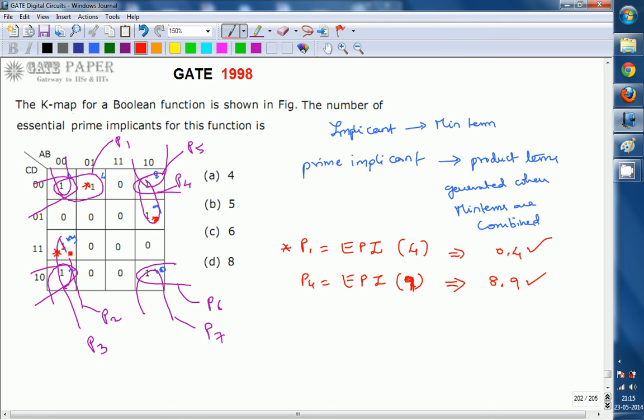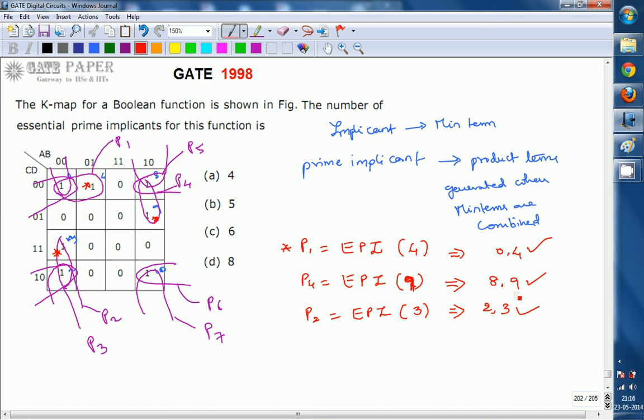To cover the cell in the third minterm, the third cell is covered only by P2, so P2 is an essential prime implicant. No other product term covers this cell. When you take it, cells 2 and 3 are covered.